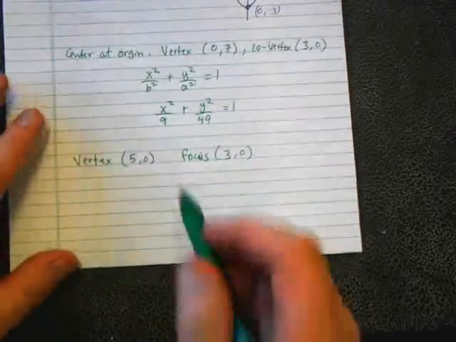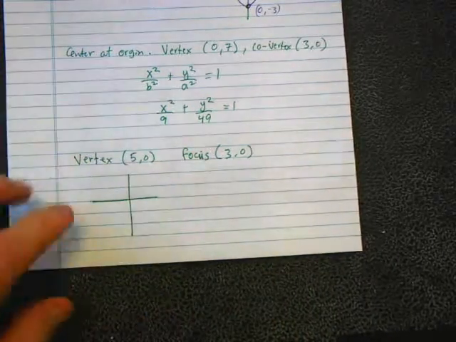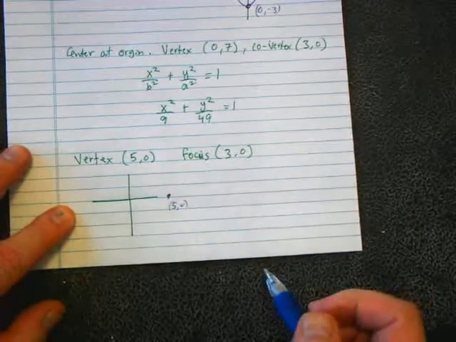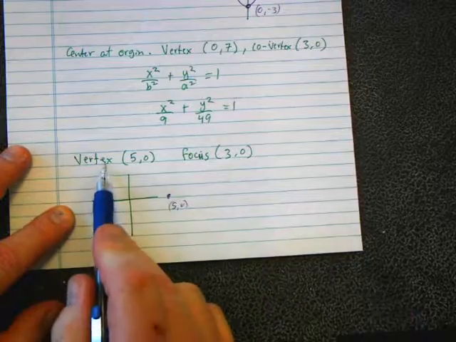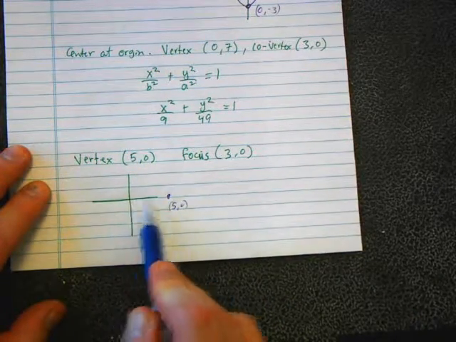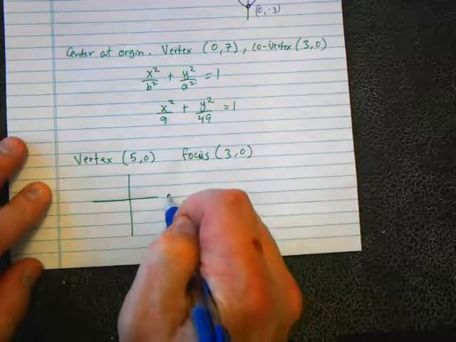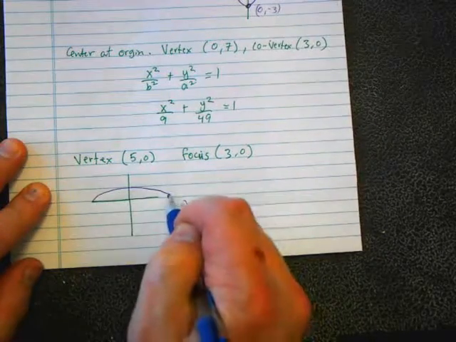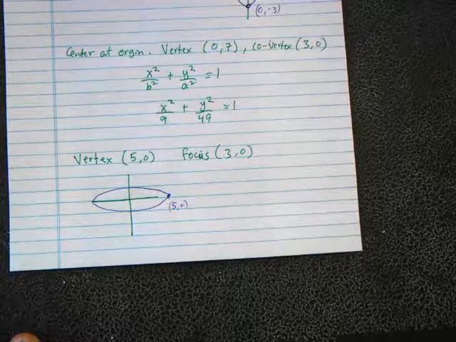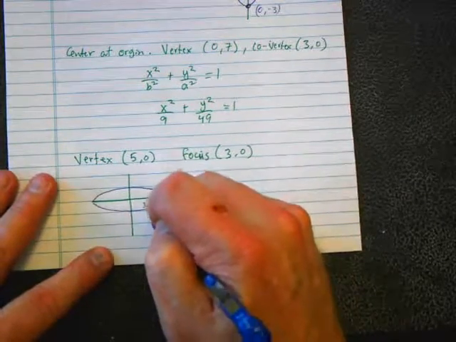Well, think about what they said here. The vertex is at 5, 0, and the vertex is always the longer one. The co-vertex is always shorter. So this one has to be long, but not very tall. And the focus is in here, 3, 0.